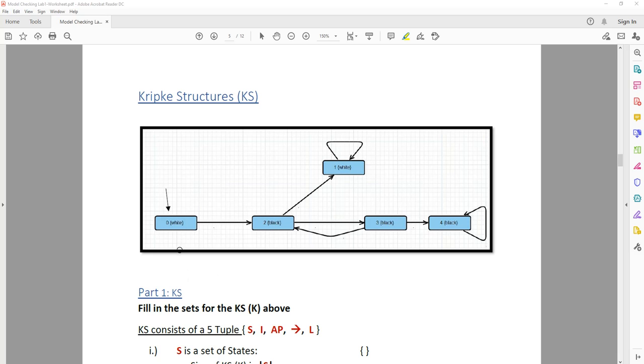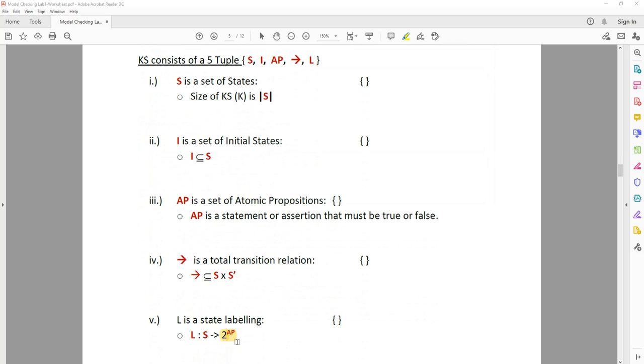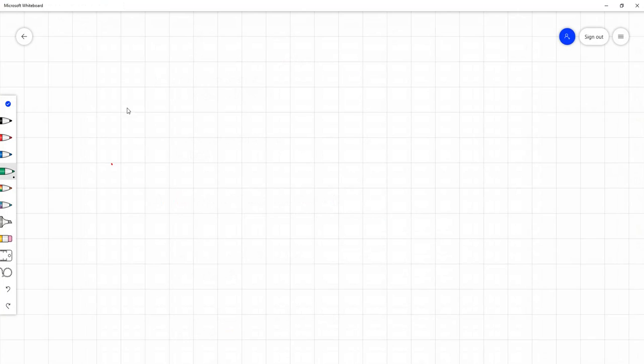What are these? Every power set we can have, let me go to the whiteboard. Two to the power of AP.